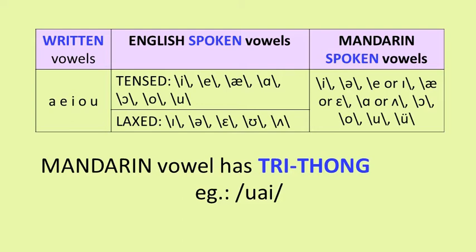Let's say in English, there are only 5 written vowels: A, E, I, O, U. However, phoneticians put 13 spoken English vowels.